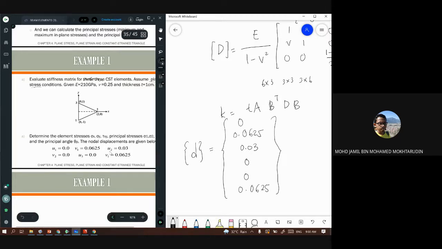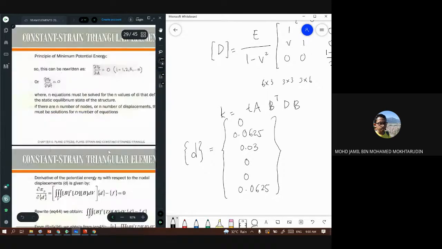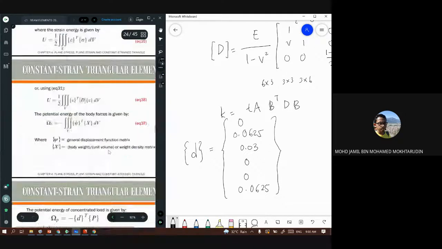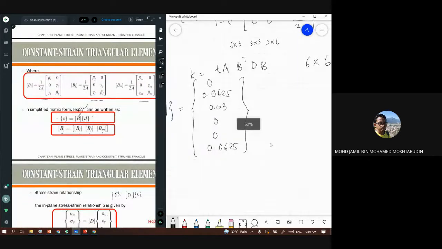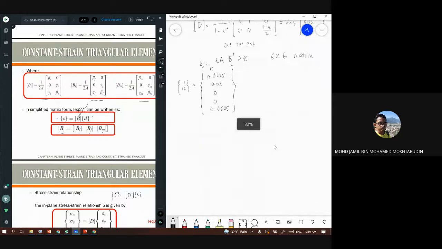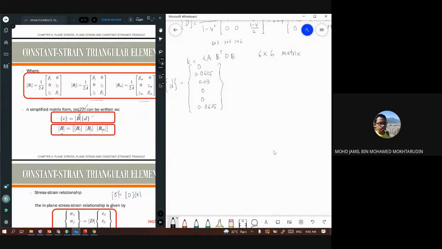Okay, so to find the stress, first you need to find the strain. Always find the strain first. The strain formula is this one: strain equals B times d. You can calculate this yourself.